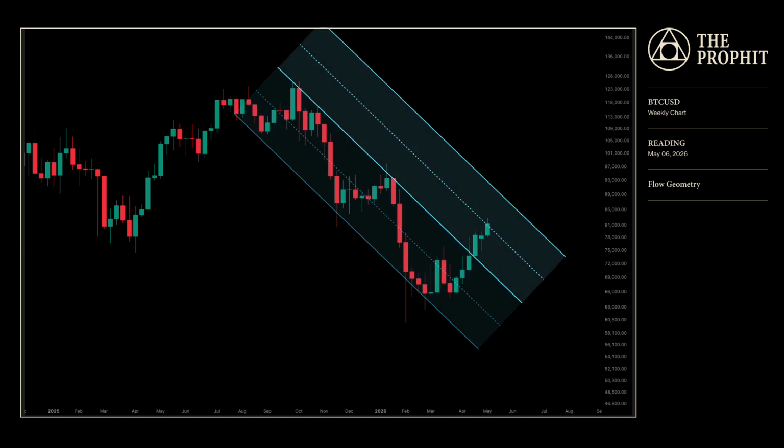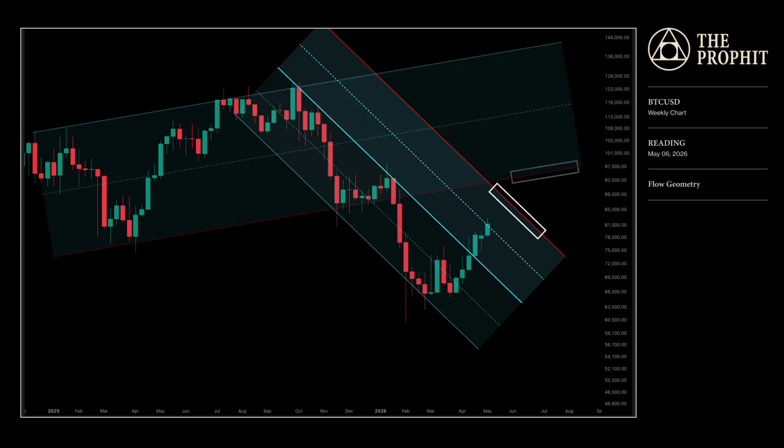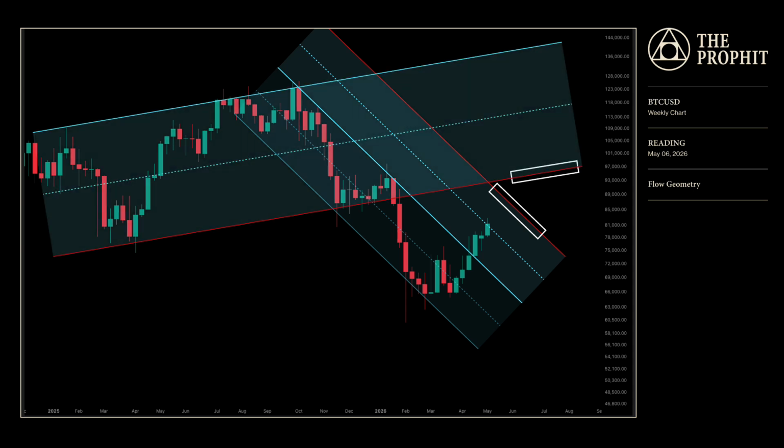So the question becomes, will Bitcoin eventually find resistance near the upper boundary of this duplicated structure, perhaps near the lower boundary of the first structure we analyzed, or perhaps we have already touched the greatest resistance of the coming movement? So, what lies ahead?